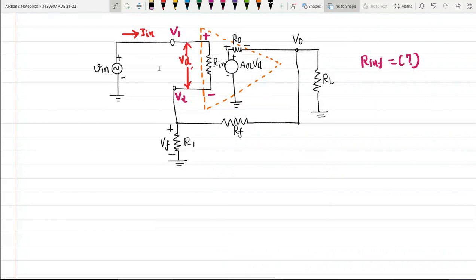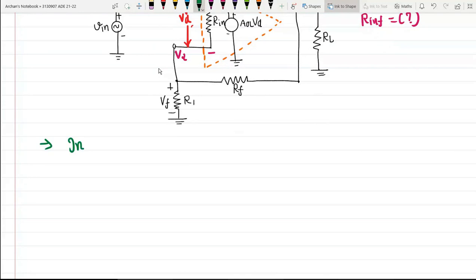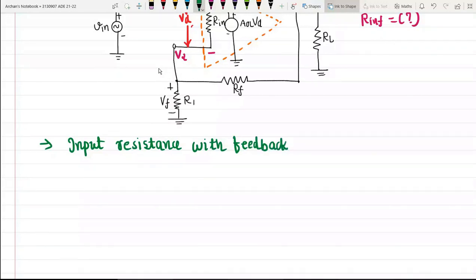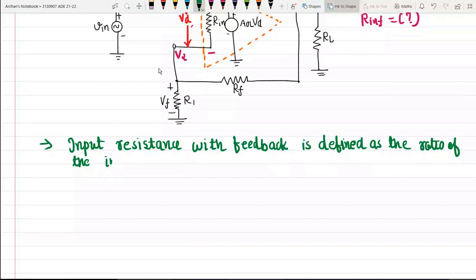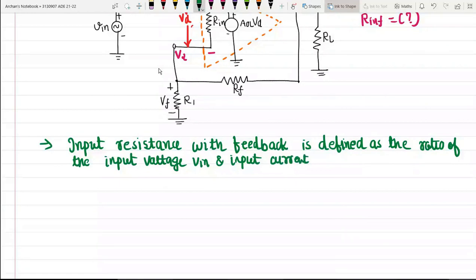The input resistance with feedback is defined as the ratio of the input voltage V in and input current I in.